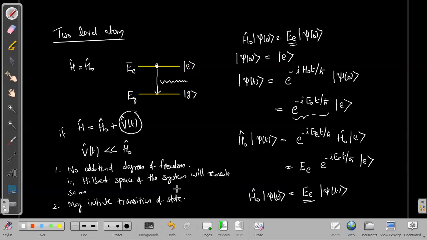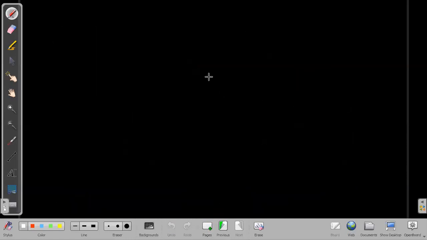Okay. Now how can we use this? Usually we have to solve the Schrodinger equation to find the time evolution of the system. So if the total Hamiltonian is H0 plus V of t, then what may be the future state? How will you do it?